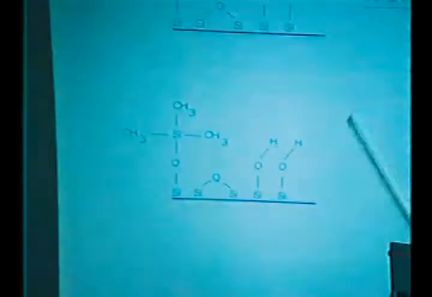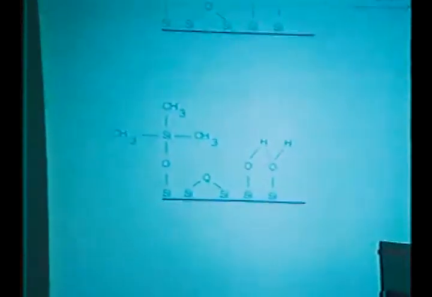If you take our model silica surface and react it with hexamethyldisilazane, it reacts preferentially with the non-hydrogen bonded silanols to cap those with trimethylsilyl groups, and the hydrogen bonded silanols remain intact. So we can do chemistry on that later on with the titanium tetrafluoride.